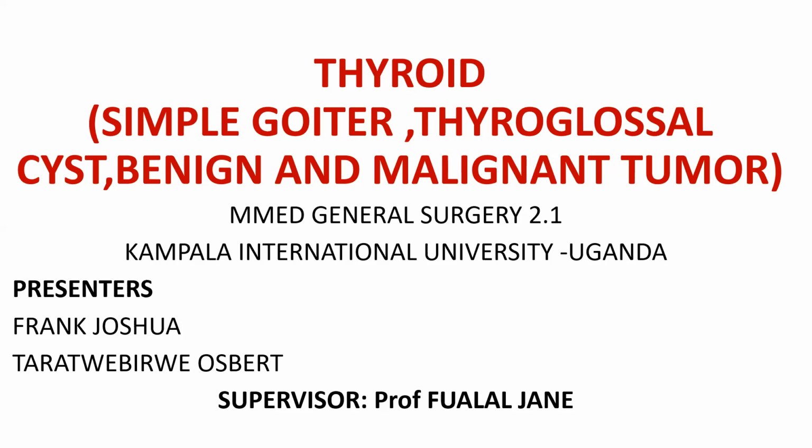You leave a bit on, say, the left and a bit on the right. That is a subtotal thyroidectomy, removing the rest of the thyroid, including the isthmus. But these days we commonly do more of near total because you leave it on one side and you don't want to go on both sides in the next operation.